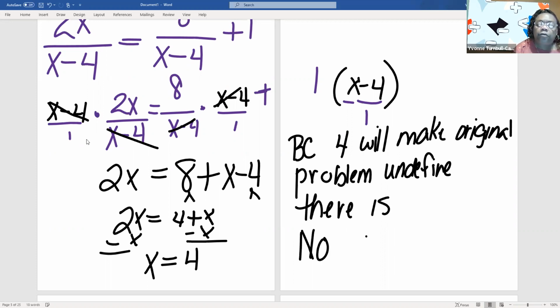So checking is going to be essential to making sure that you have the right answer. If you put 4 on the line, your answer is going to be incorrect because you didn't go back and check and see that 4 is not going to work in that problem. In other words, it's going to give you an undefined answer. Okay, so please be careful.